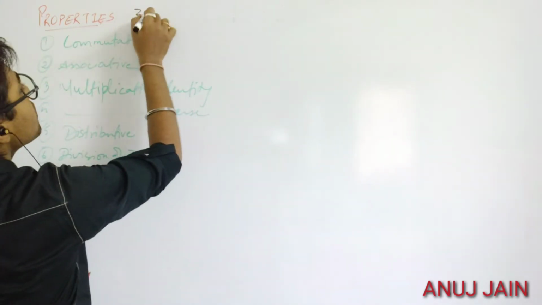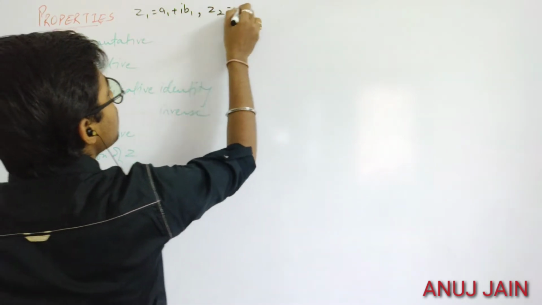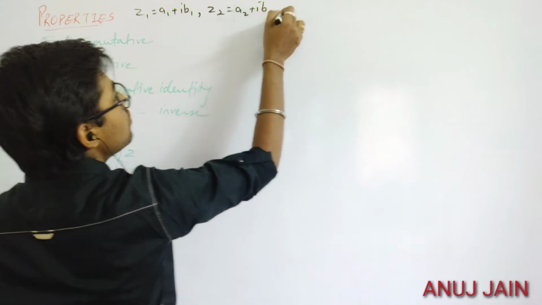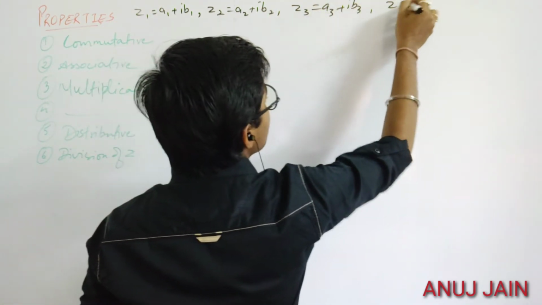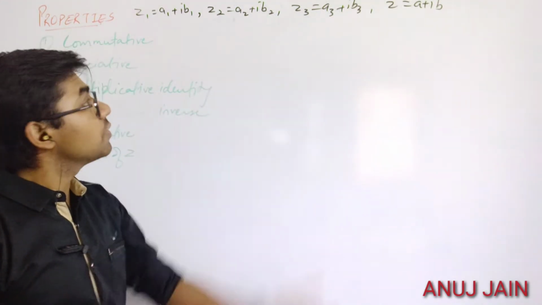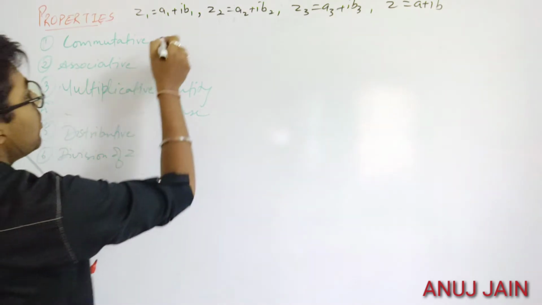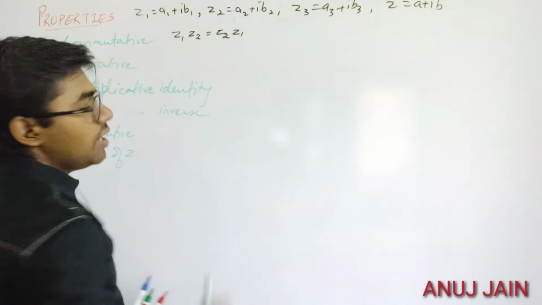So put Z1 is equal to A1 plus IB1, Z2 is equal to A2 plus IB2, Z3 is equal to A3 plus IB3, and Z is equal to A plus IB. Okay, we take these. So first is commutative. Commutative means Z1 into Z2 is equal to Z2 into Z1.